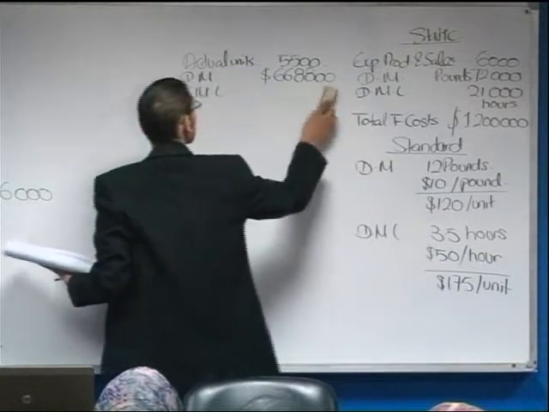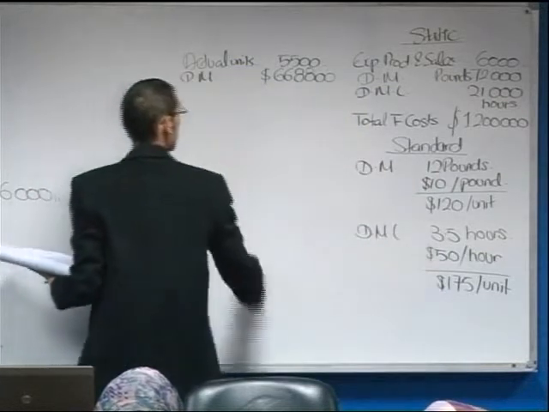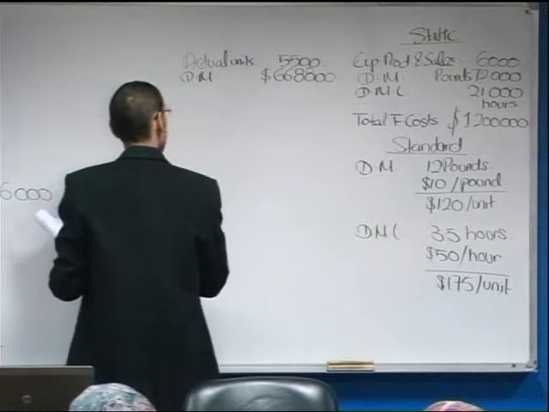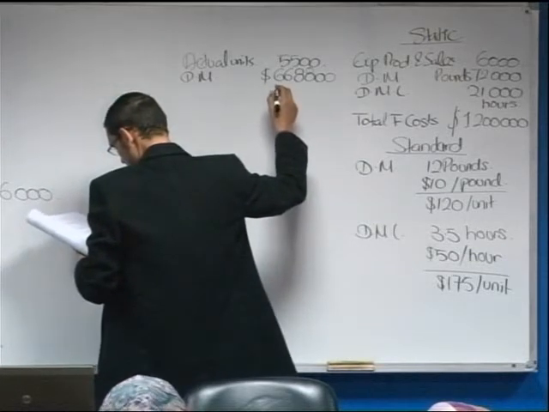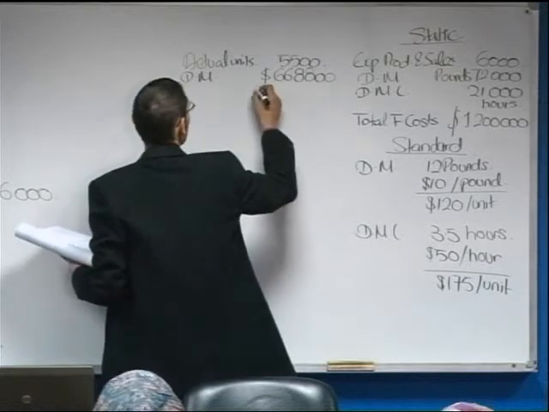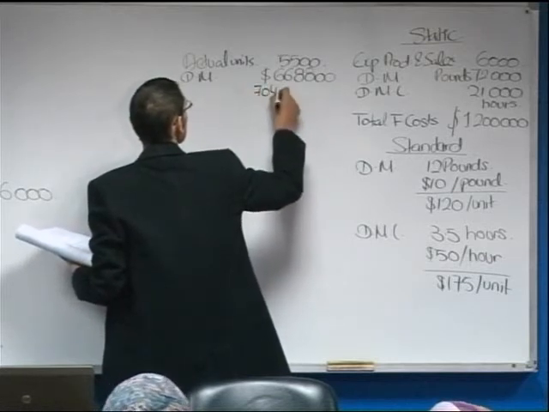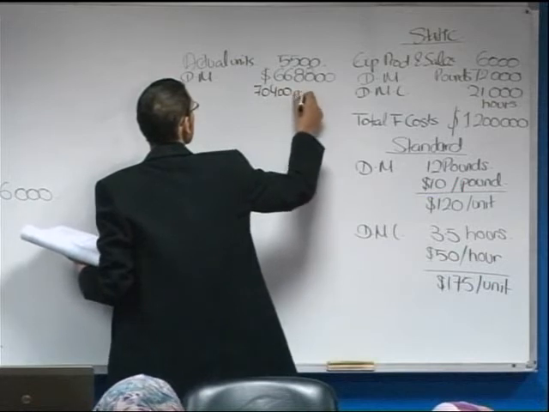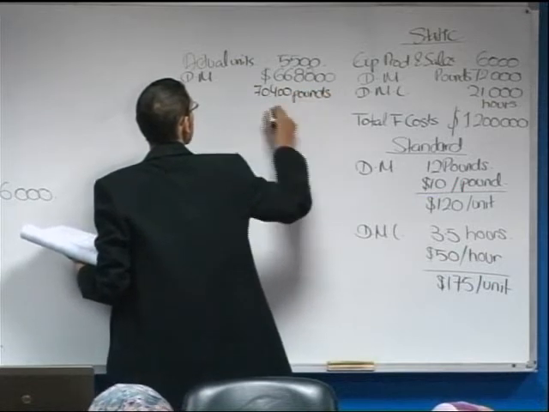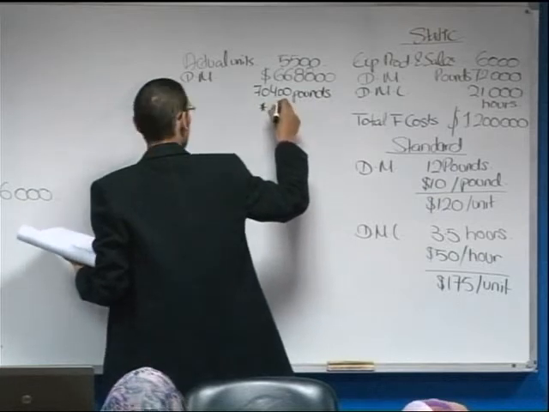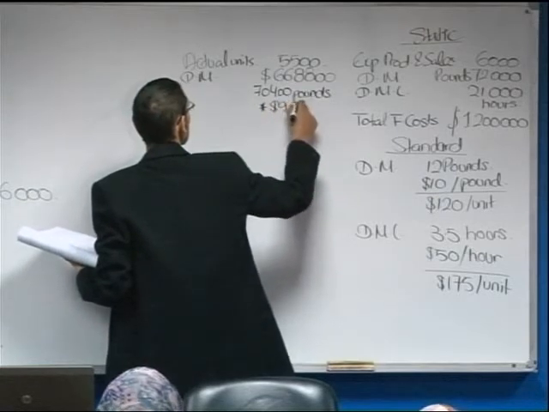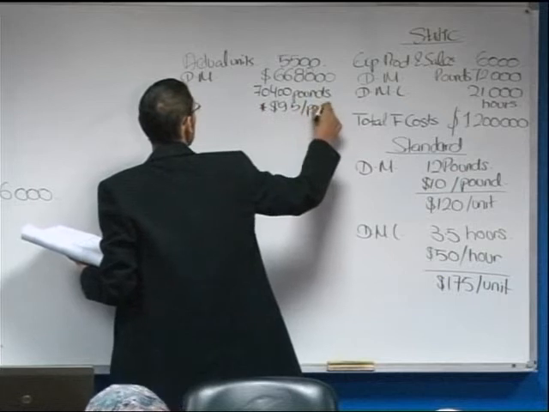Therefore, the 668,800 is according to 70,400 pounds and according to an actual price of $9.5 per pound.